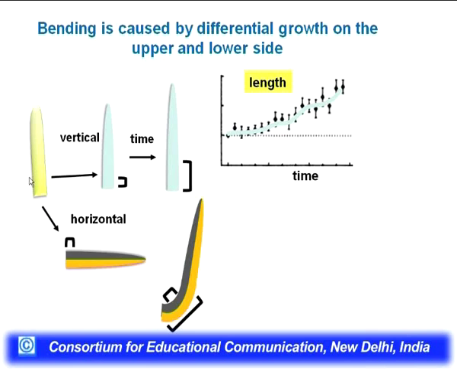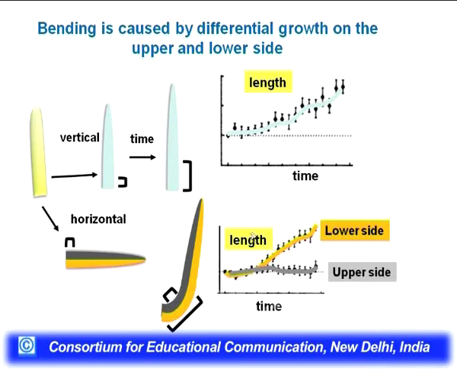Now, if you place the same coleoptile horizontally and then look at the length of the cells, what you will find is that as time passes, the growth on the upper side is very little. However, on the lower side of the coleoptile, the cells have gone into bigger length.